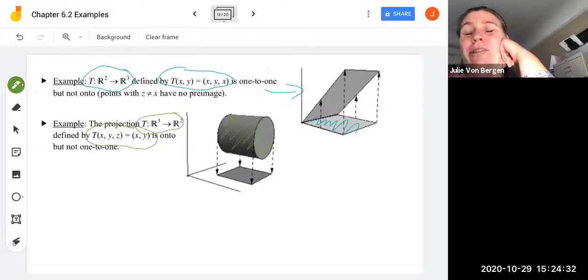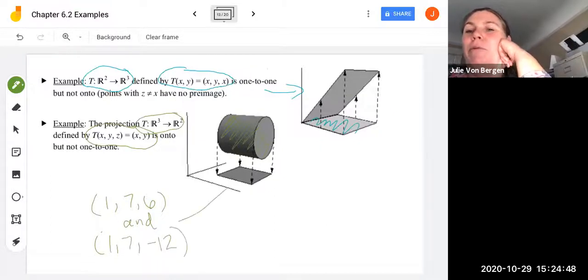So this is onto because everything's going onto the plane, but it's not one-to-one because imagine the point (1, 7, 6) and the point (1, 7, -12) are both getting mapped to the same point on the plane, but they're not the same point in R3. So everything maps onto the plane, but 2 points from R3 map to the same point in R2.